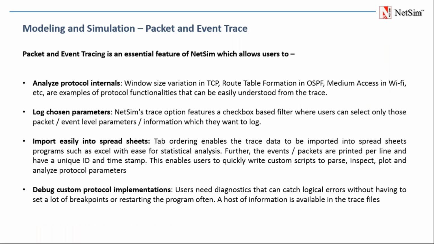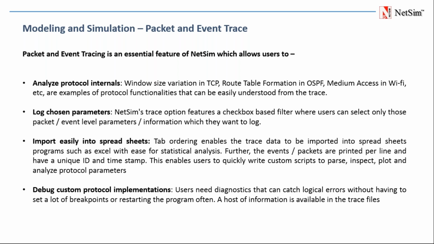NetSim allows users to generate trace files, which provide detailed packet information useful for performance validation, statistical analysis, and custom code debugging. So first is the packet trace, which logs a set of chosen parameters for every packet as it flows through the network, such as arrival times, queuing times, departure times, payload, overhead, errors, collisions, etc. And now the event trace.